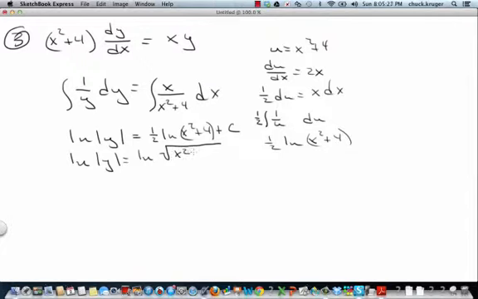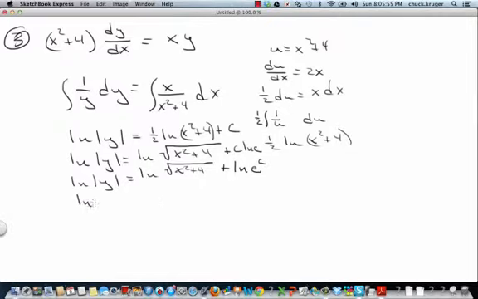Well, that's the same as the natural log of y equals the natural log of the square root of x squared plus 4 plus c times the natural log of e. Well, the natural log of e is 1, and I'm going to go a step further and have the natural log of y is equal to the natural log of the square root of x squared plus 4 plus the natural log of e to the c.